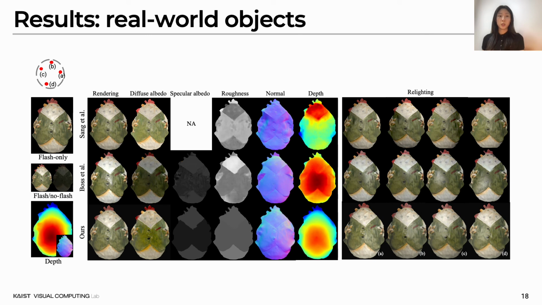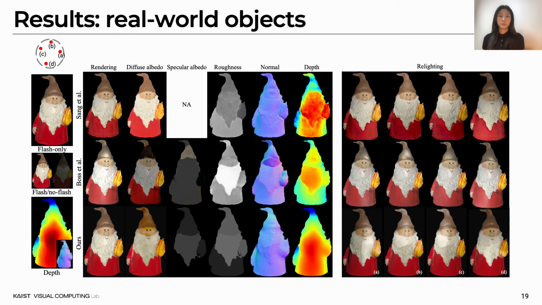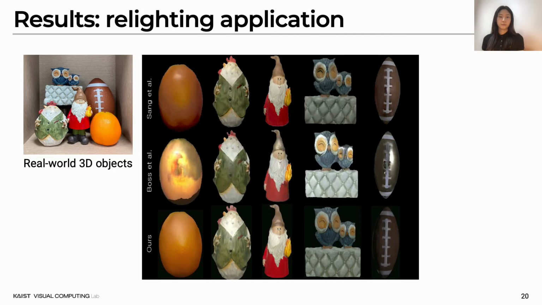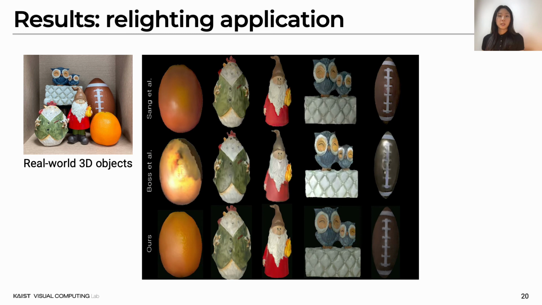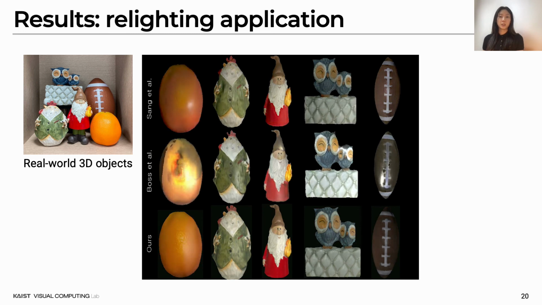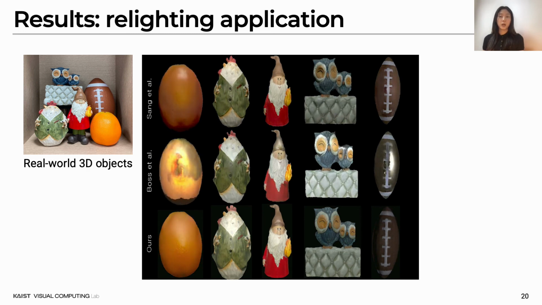For the chicken object, results of Kang et al. show flat normals and an inconsistent depth map. For the Santa object, results of Kang et al. again show flat normals and inconsistent depth, and Bose et al. estimate the head as a gold-like material. This slide shows relighting results of Kang et al., Bose et al., and ours.